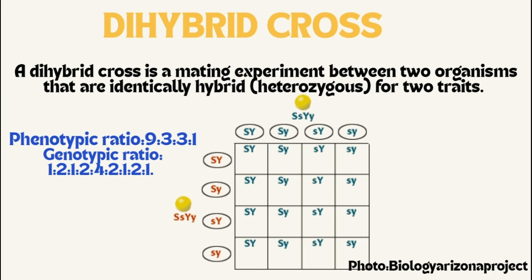So we're going to end up with 16 boxes in order to do a dihybrid cross. And the phenotypic ratio is going to end up with 9 to 3 to 3 to 1. Genotypic ratio, you're going to end up with a 1 to 2 to 1 to 2 to 4 to 2 to 1 to 2 to 1, right? So this is what is expected at the end of the day for the dihybrid.